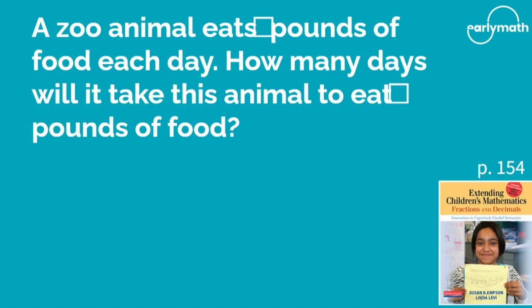If you want to put a little Post-it note or something, you can just open it up, put a little Post-it note, and then close it right back up. But it's a very similar problem that we had with the bunny food. What I wanted to highlight in this example, so they're talking about a zoo animal eating pounds of food. The thing that's nice about the zoo animal is you can think this could be a really large animal who eats a really big amount of food, or it could be a really tiny animal that eats a really tiny amount of food.